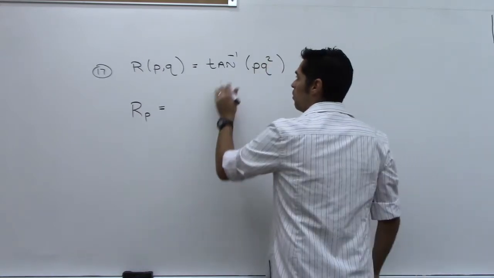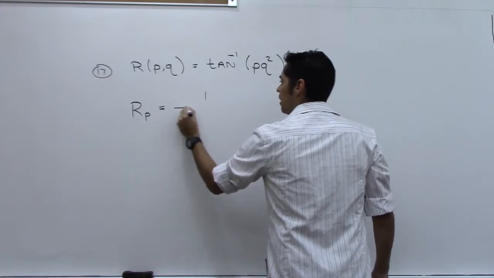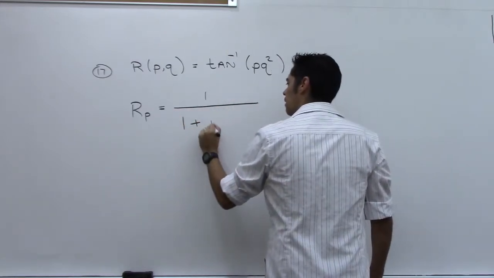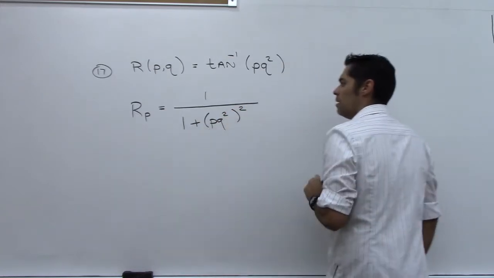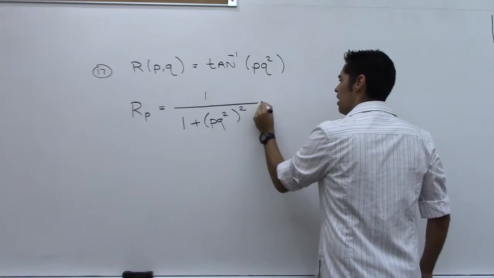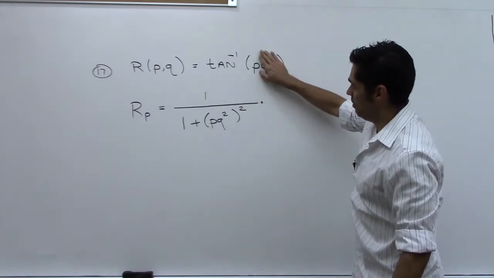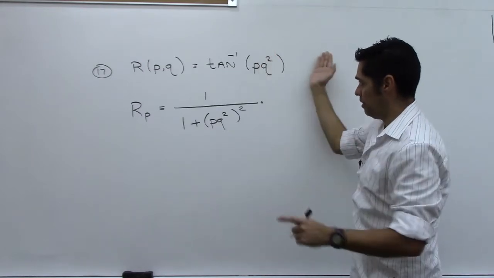So first thing I have to do, what is the derivative of arctangent of something? Well, it's back from Cal 1, it's 1 over 1 plus the argument here, pq squared, quantity squared. Then times, because of the chain rule, derivative of what's in here. And again, because q squared is a constant, I'm just going to look at p. What's derivative of p? With respect to p, it's 1, but then times the constant.